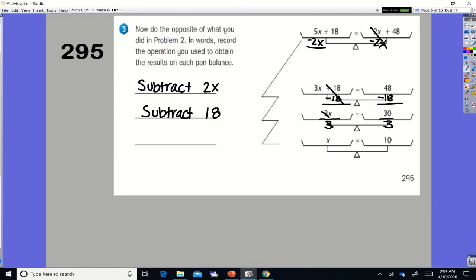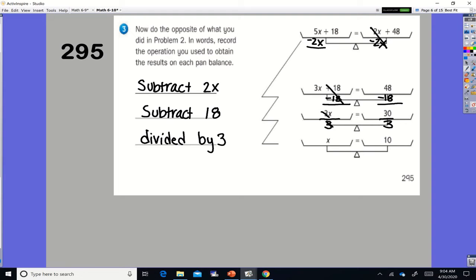So that gives us x, and that gives us 10. So what they did is they divided by 3. Now if you notice on the problem right above it on number 2, it's the same thing, we just worked backwards on it. Okay, we did the opposite way.